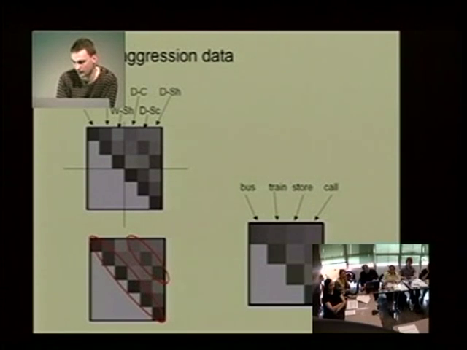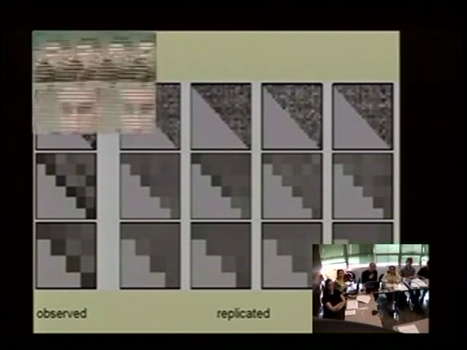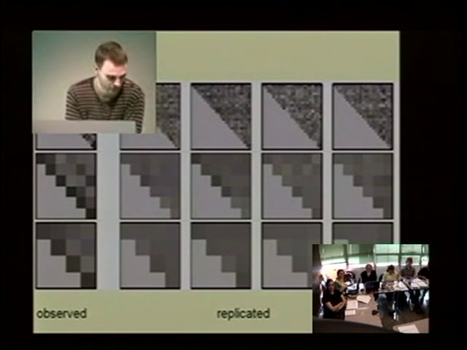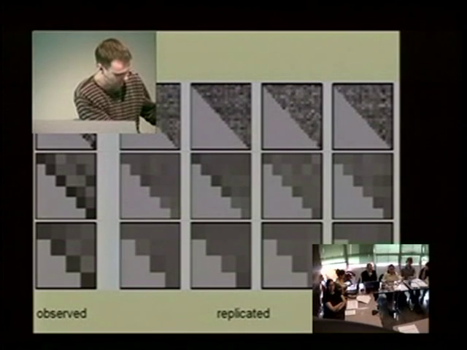First, for the verbal aggression data, let's go immediately to this slide. It's also on page 293 of the book. So the top row is just the empirical log odds ratios between all possible pairs of items.